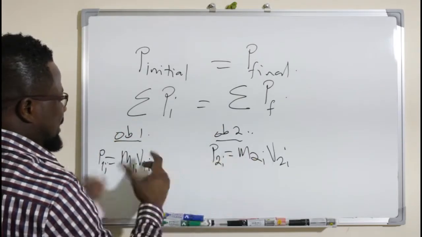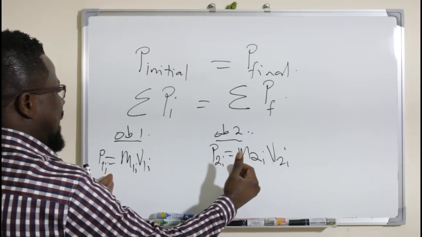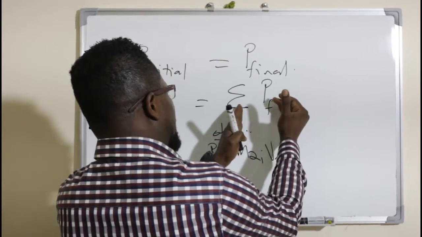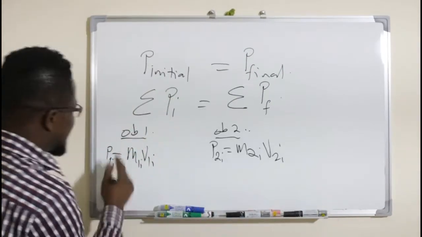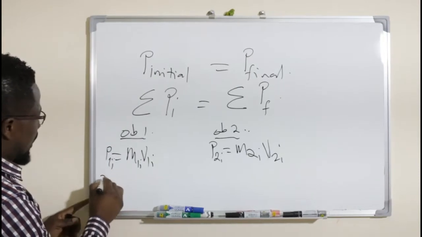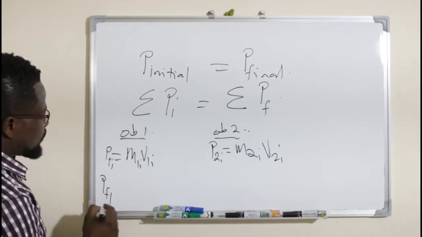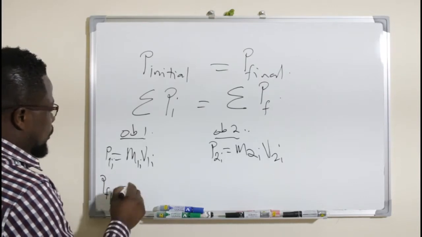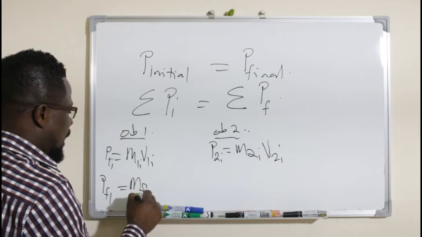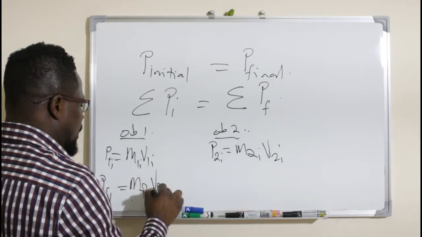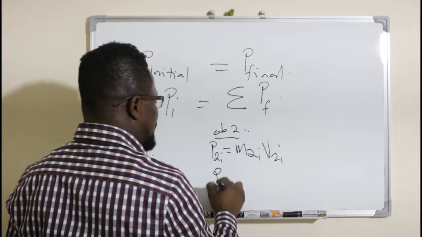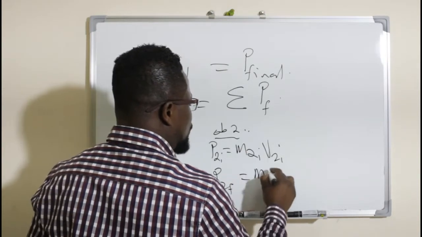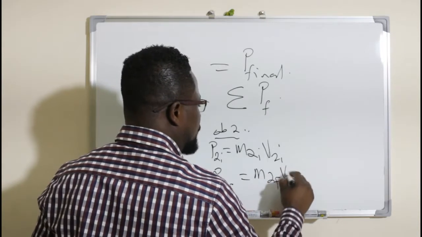The sum of these two must be equal to the sum of the momentum of these two objects at the final stage. That means P final of 1 is going to be M final of 1 times V final of 1, and P2 final is M2 final multiplied by V2 final.